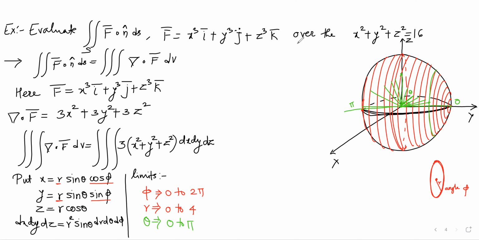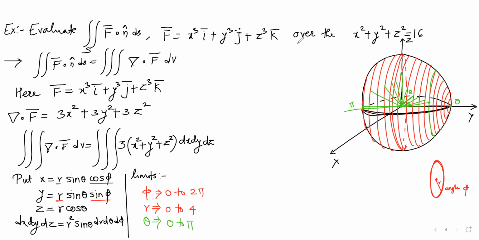Whenever it is a hemisphere, you can decide the limit that way. Whenever it is a quadrant, only the first quadrant you have to take, and you decide the limits that way: 0 to pi by 2. This is the way you can solve this.